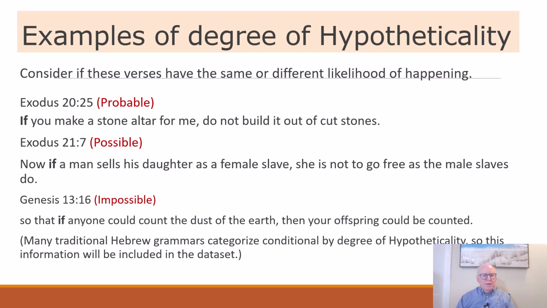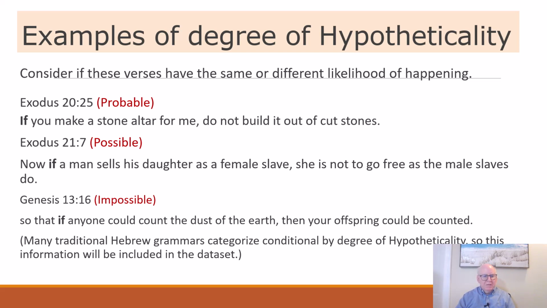Exodus 21:7. "Now if a man sells his daughter as a female slave, she's not to go free as male slaves do." I listed that as possible. It's possible that a father would sell his daughter, but I would think most did not. And in Genesis 13:16, "So if anyone could count the dust of the earth, then your offspring could be counted."